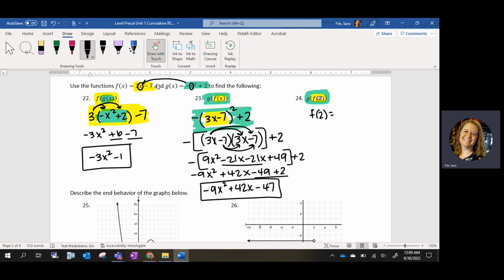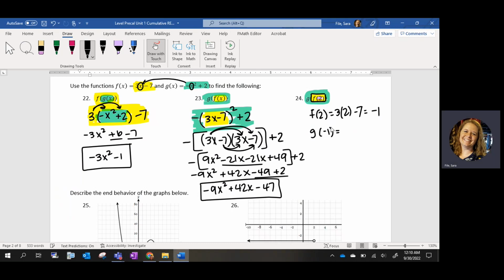So 3 times 2 minus 7. That's 6 minus 7 is -1. So f of 2, this right here, is -1. So I'm going to replace that. I'm just going to say, okay, what is g of -1?